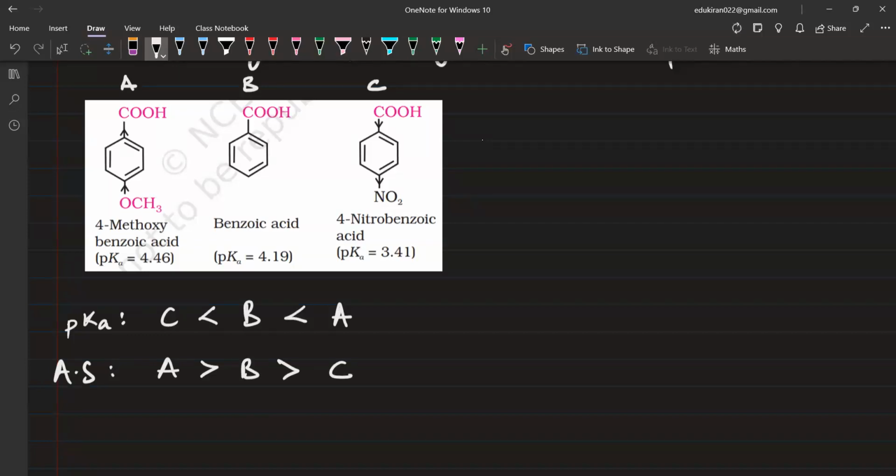I hope you guys have answered correctly. Most of you put A as the highest. Oh, Krishna Priya, you have done the opposite. Krishna Priya? Yes, sir. C. No, did we write it the opposite? Oh, sorry, my bad. A is most acidic, then B, then C. We wrote it correctly. You wrote it the opposite. You said C is most acidic.